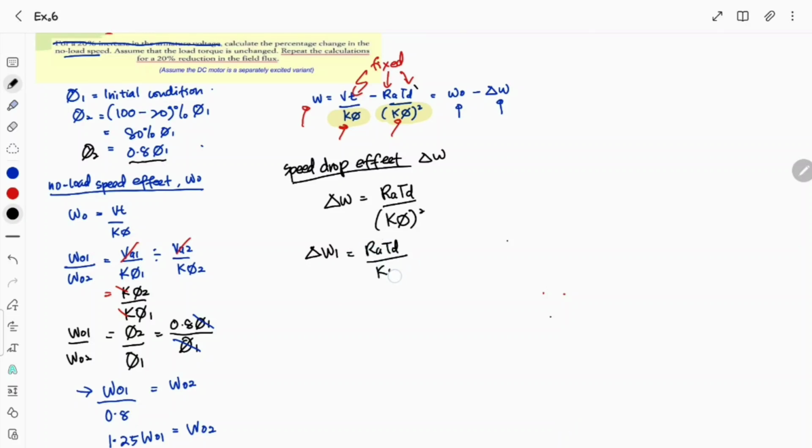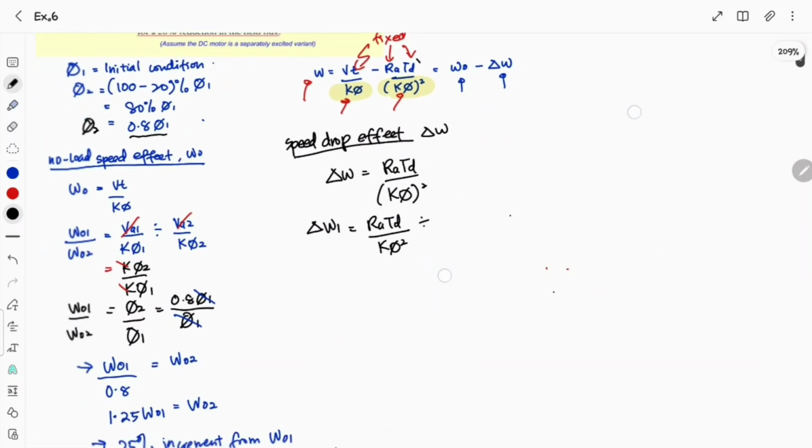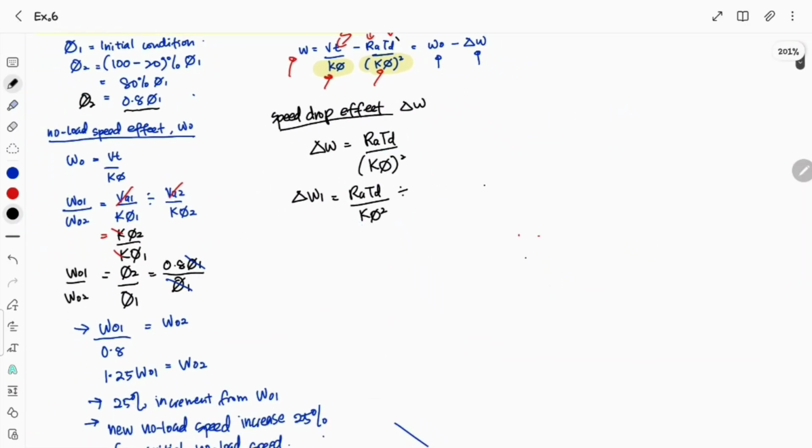RA TD over kV square, and since the torque is fixed, as well as the armature resistance, we can apply the ratio method. So this one is divided with the speed drop 2, RA TD over kV square.